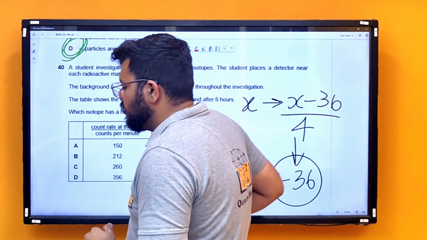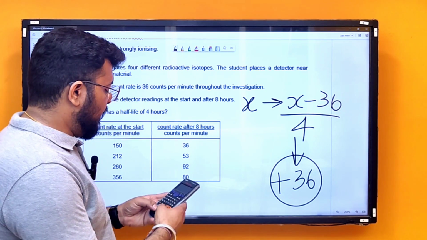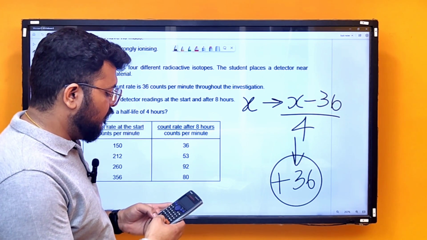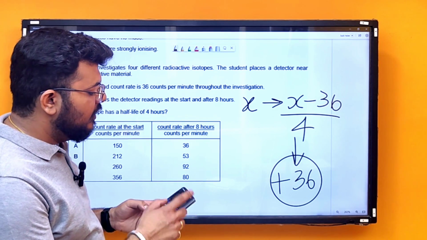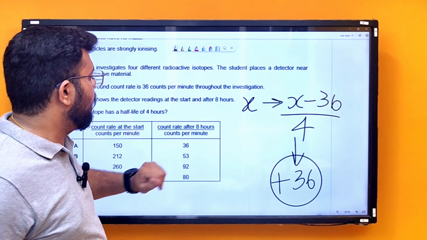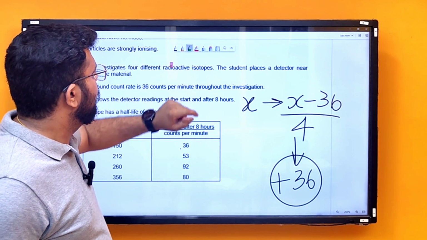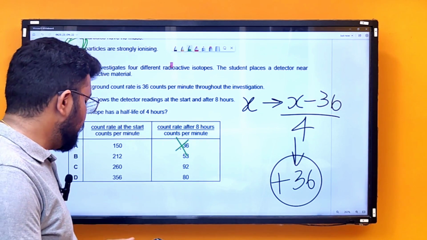So let's find out which one of these options can do that. So 150 minus 36 gives me 114, divided by 4 gives me 28.5, plus 36 gives me 64.5, which is not 36, right? So A is not our answer.